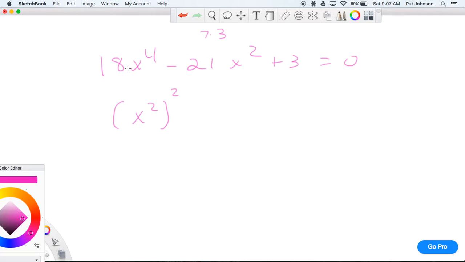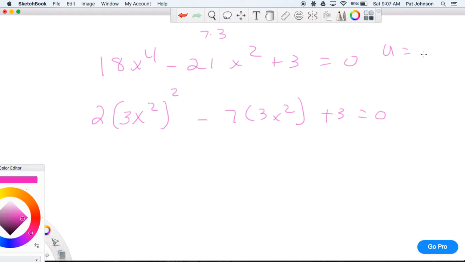Let's look at it. We can say 3 squared is 9. 9 times what is 18? It's 2. So remember, this still has to equal, when you simplify it, the original term. Then we can say minus 7 times 3x squared plus 3 equals 0.